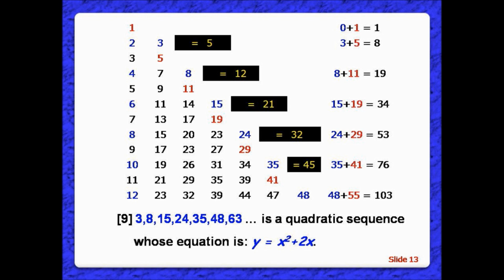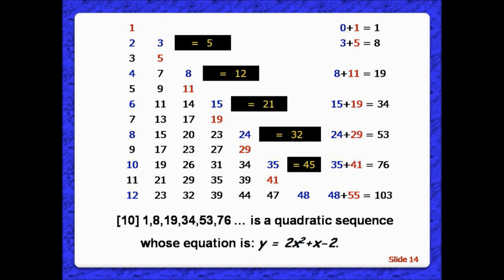The black numbers, which are the sum of the red and the blue numbers 1, 8, 19, 34, 53, 76 form a quadratic sequence whose equation is y equals 2x squared plus x minus 2.